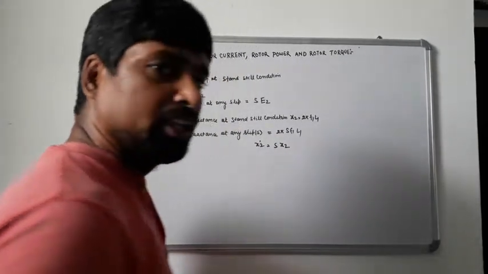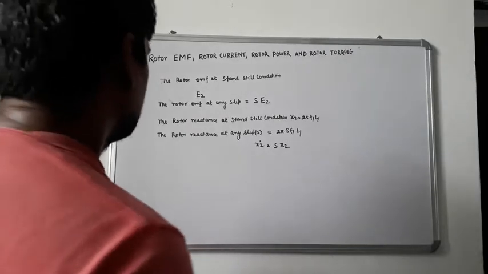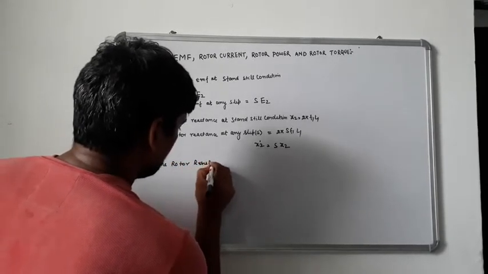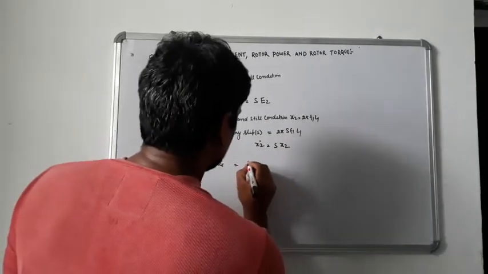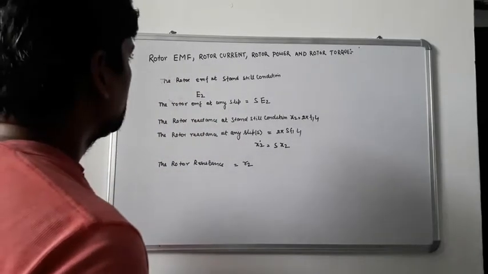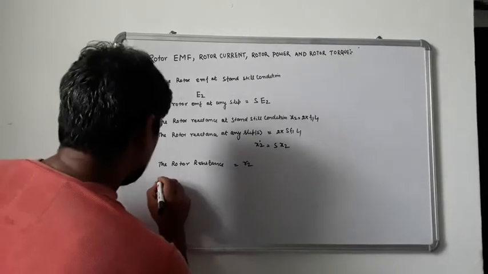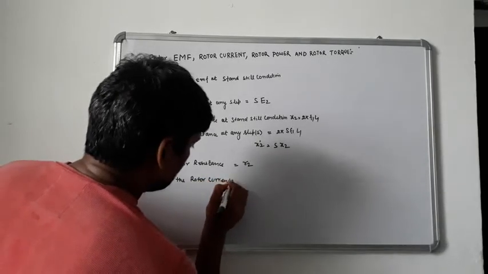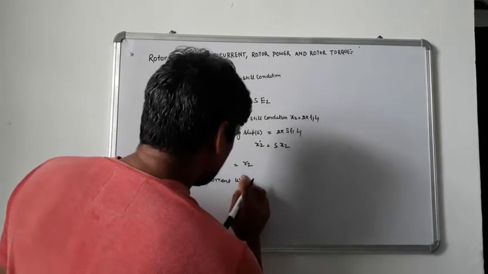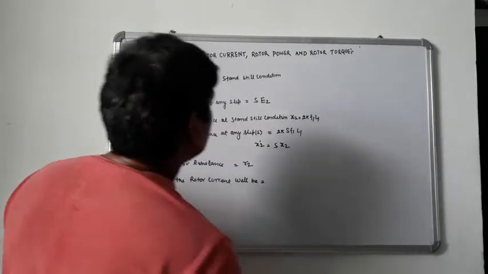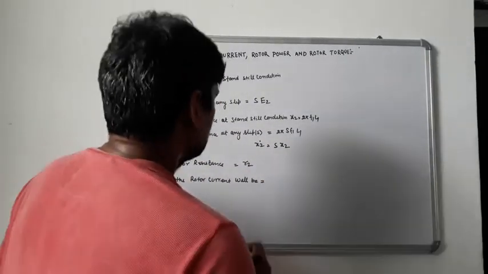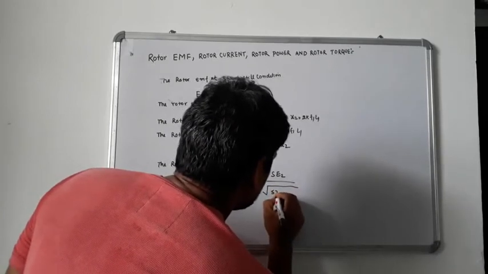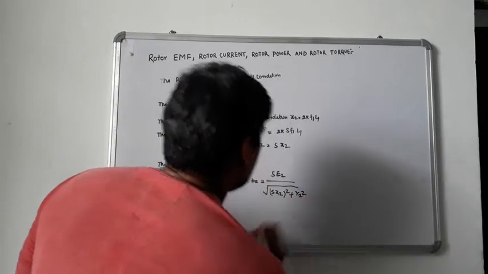And now if we are talking about the rotor resistance, the rotor resistance is R2, then the rotor current will be S E2 divided by under root S X2 square plus R2 square.